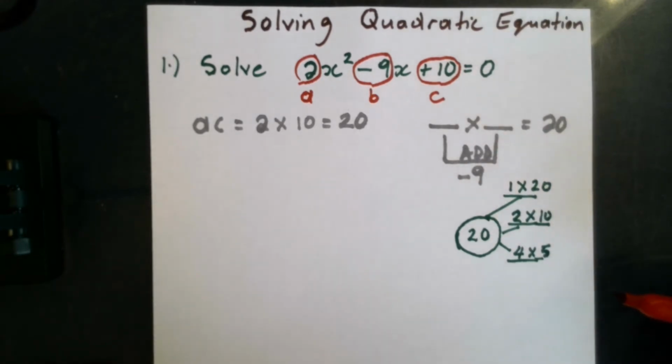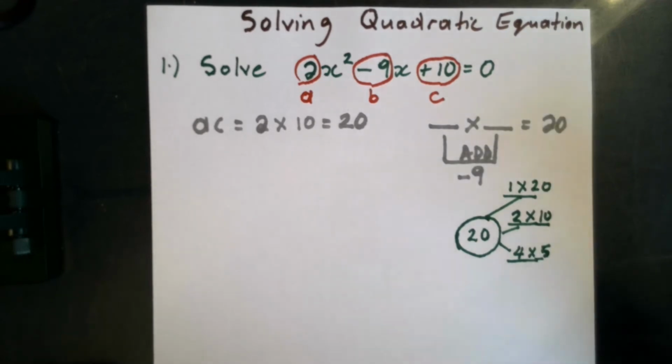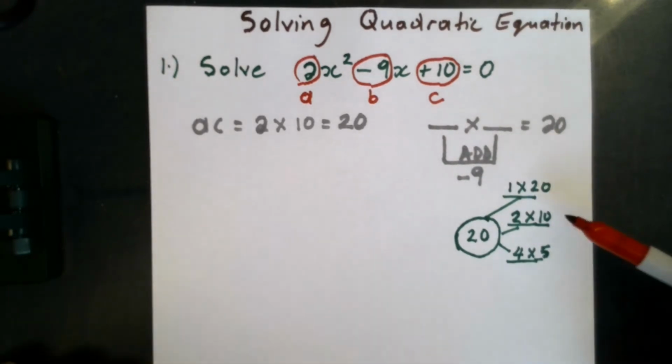All right. So if I want to manipulate a pair of numbers that when I add those two numbers, I get negative 9, what pair would that be?